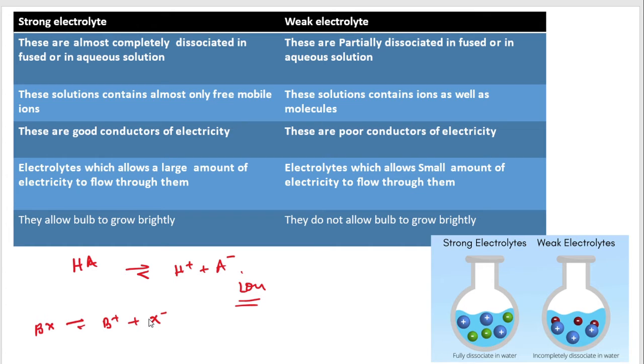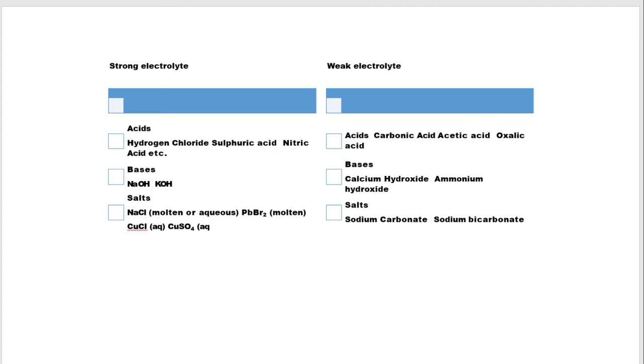Now, what are the examples of strong electrolytes and weak electrolytes? All strong acids like HCl, sulfuric acid, nitric acid are strong electrolytes. All strong bases like NaOH and KOH are strong electrolytes. Salts like NaCl, which is made up of NaOH and HCl, are strong electrolytes. Lead chloride, lead bromide, copper chloride, copper sulfate are all strong electrolytes.